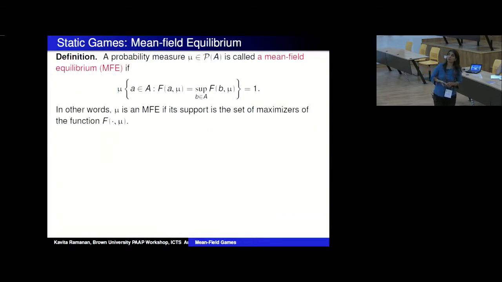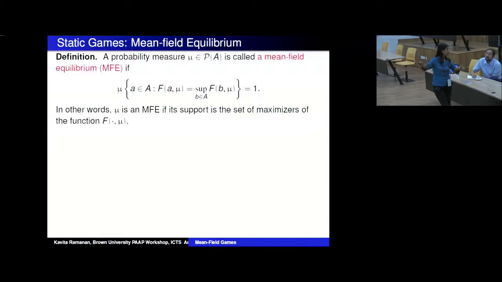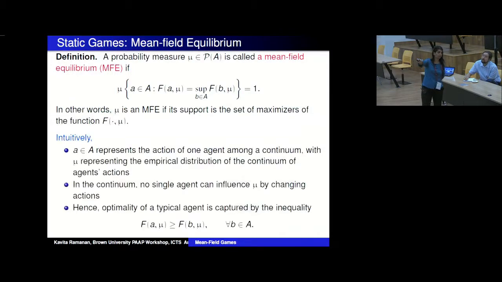So a probability measure mu is called a mean field equilibrium, sometimes in this static game context also called a Cournot-Nash equilibrium, if its support satisfies this. This is the property of the limit that we saw, that it puts all its support on the maximizers of F when it itself is the background. Is it clear?